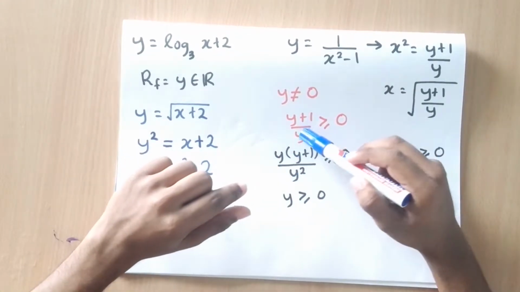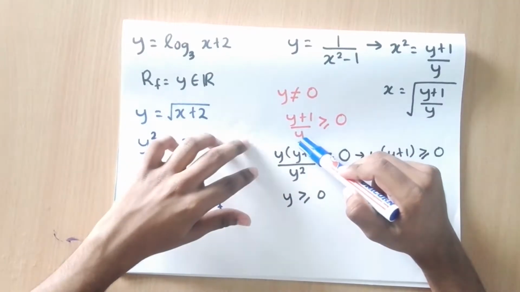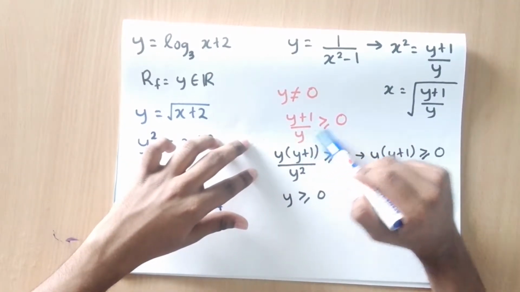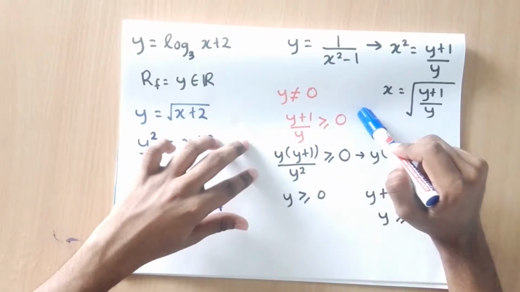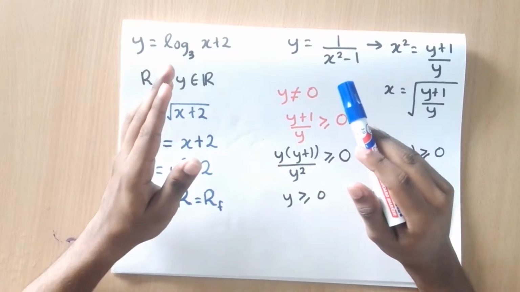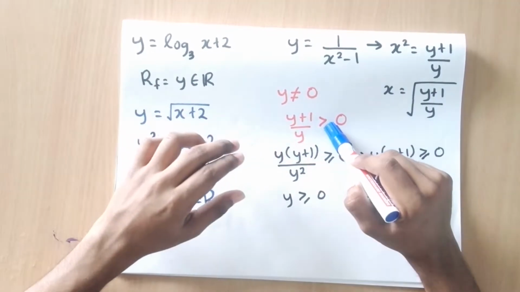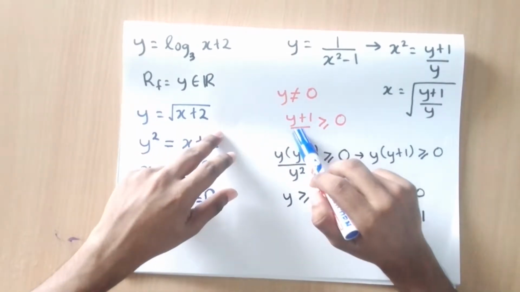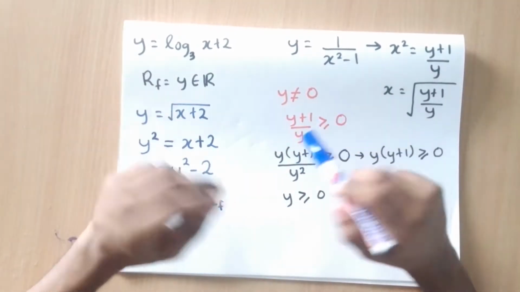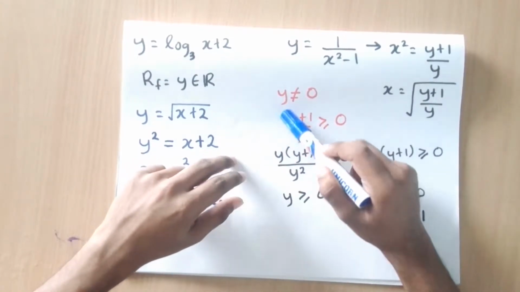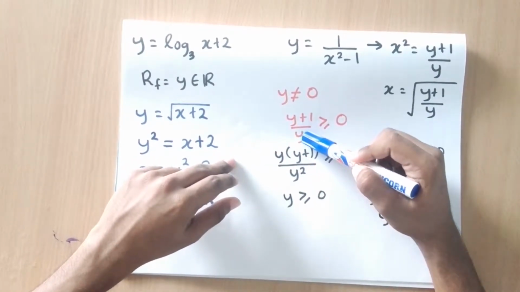Now see, since it is an inequality, we can't simplify this by multiplying y to both sides, because in an inequality, we must make sure that the number we multiply by is a positive number. Here we are not sure whether y is a positive or a negative number. So what we do, we multiply the numerator and denominator by y.